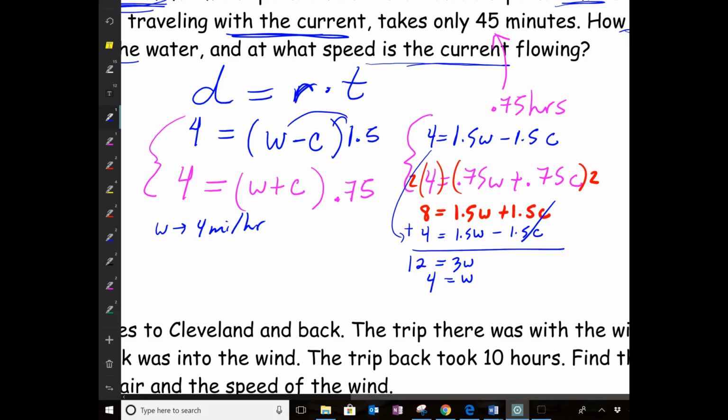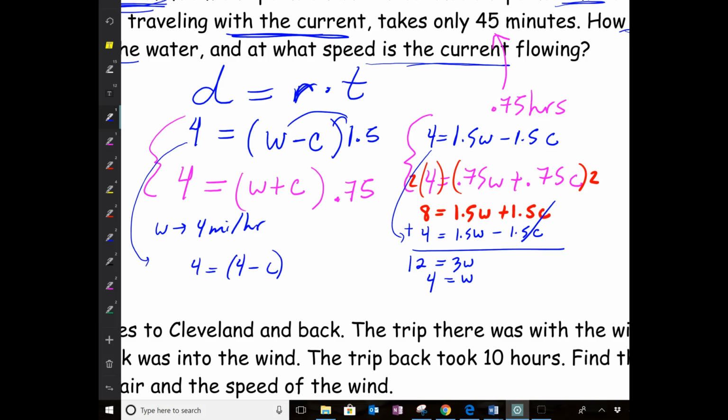And then what can I do to solve for C, the current's rate? Plug it back in. And we can plug it into any. I'll just go ahead and take this equation. So 4 is equal to 4 minus C times 1.5. We could divide both sides by 1.5.